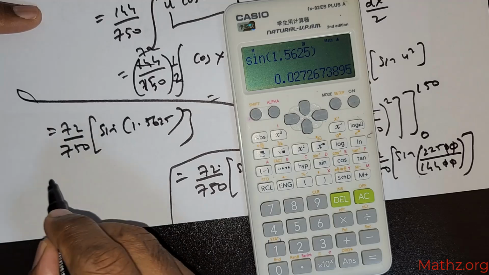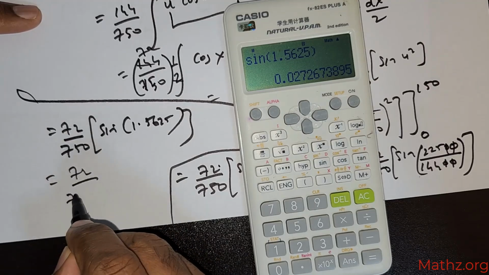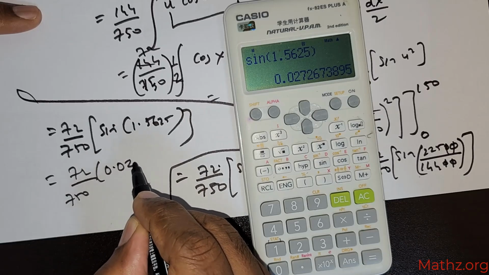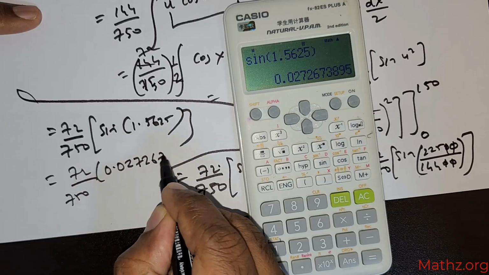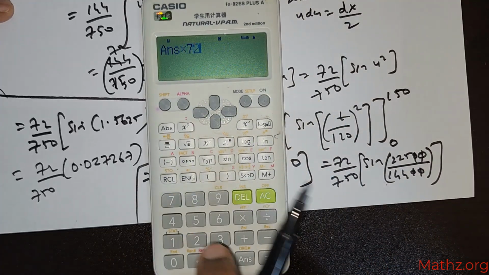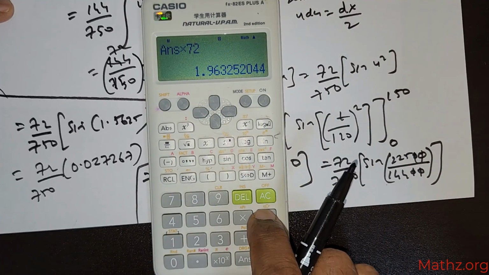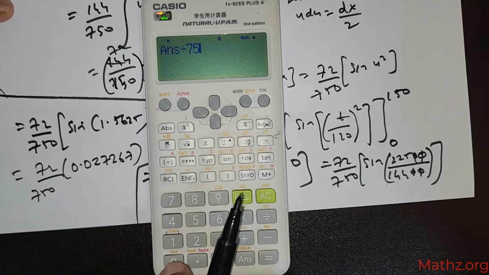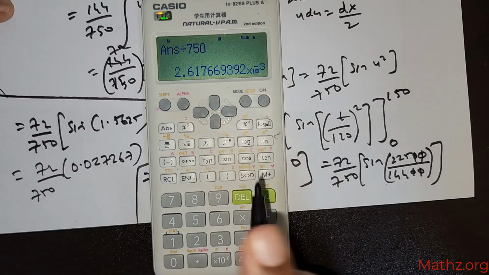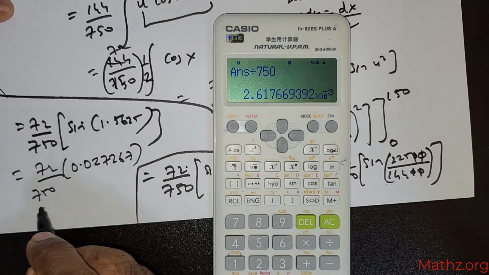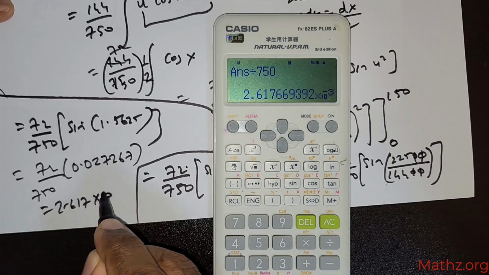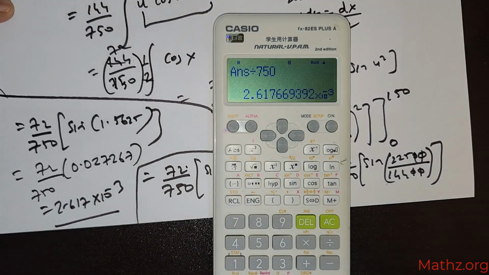You get 72 divided by 750 times 0.027267 etc. You multiply by 72 and you divide that by 750. So you get 2.617 times 10 to the power of -3. So this is the value you are getting.